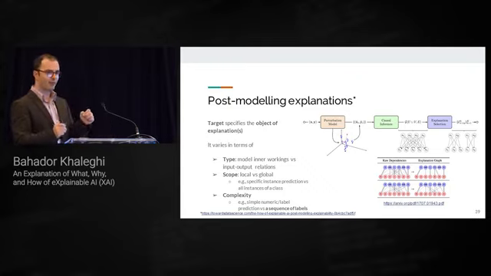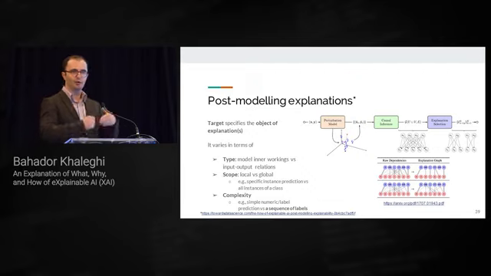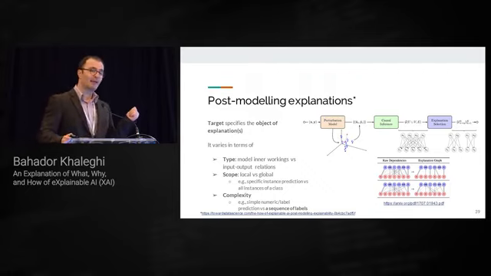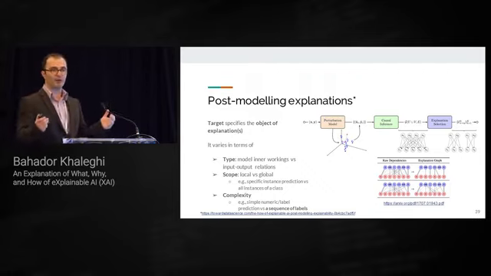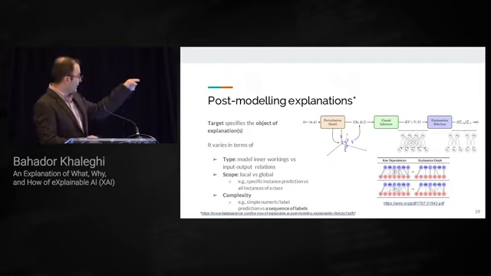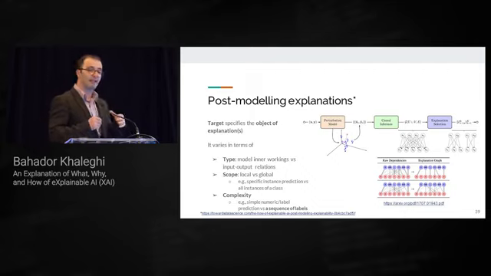Oftentimes in the examples you see, we have a simple target, like a numerical number from a classifier or a regression model output, but it could be much more complex. It could be a sequence of labels or words that a translation model is spitting out. In that case, the traditional methods you have don't really cut it. The example on the right-hand side is taken from an approach that was proposed to explain translation models.